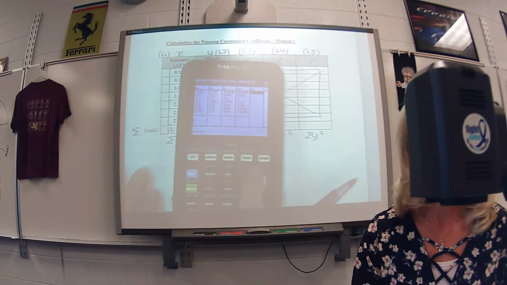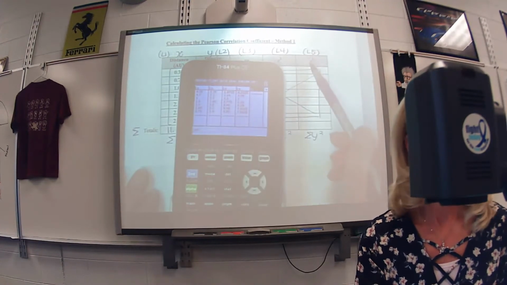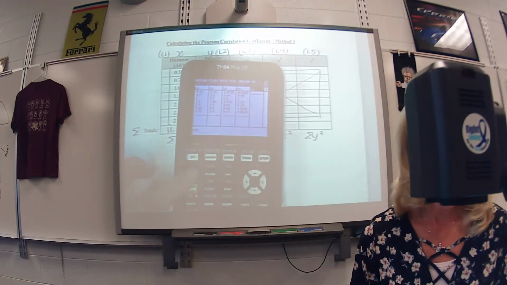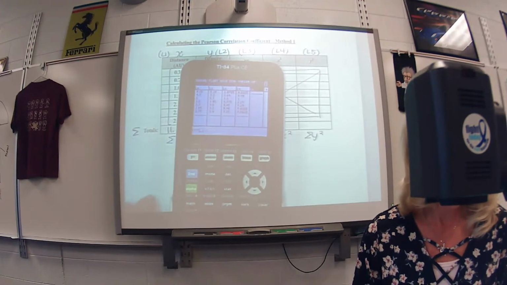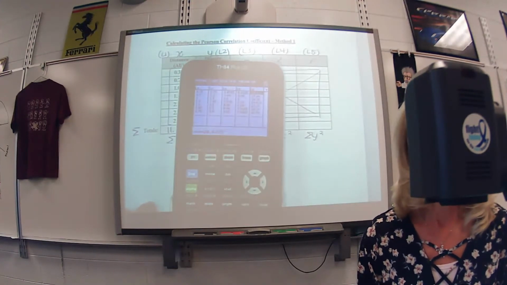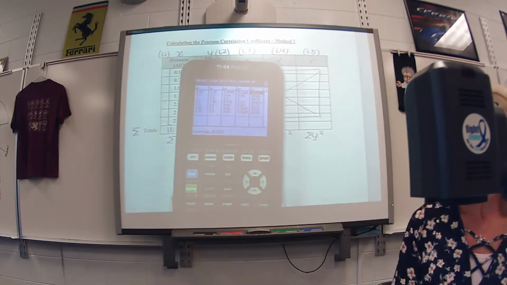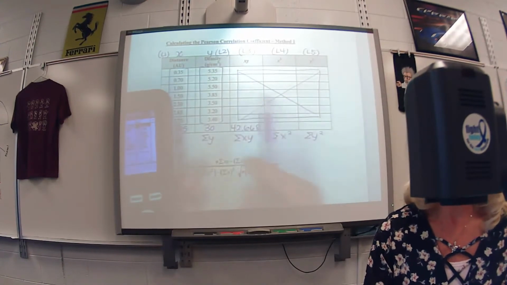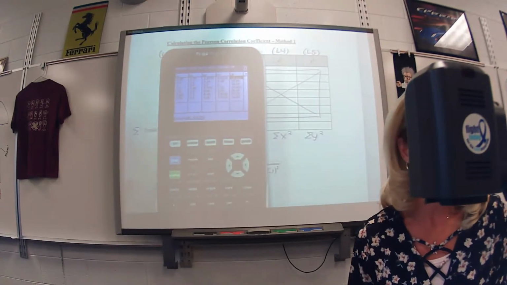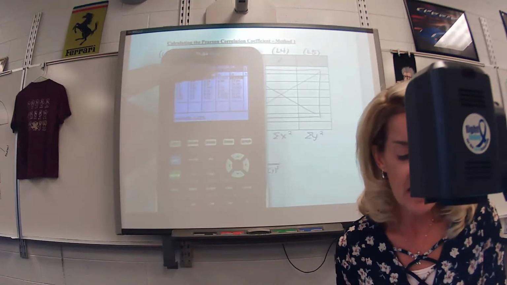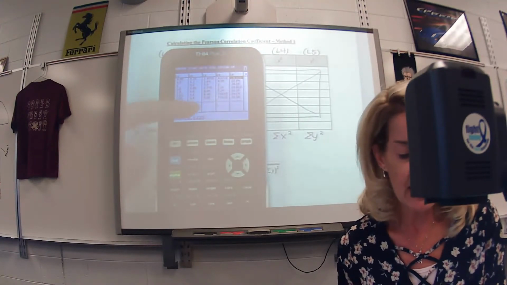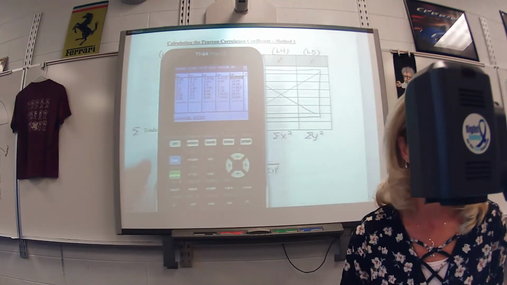In the next column, I want y squared. So I'll do L2 squared. Basically, these are all the numbers that you could fill in the table, but we don't really need those. What we really need are the sums from that column and the sum from that column.